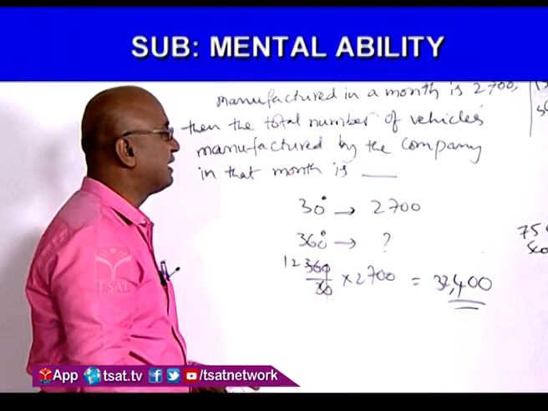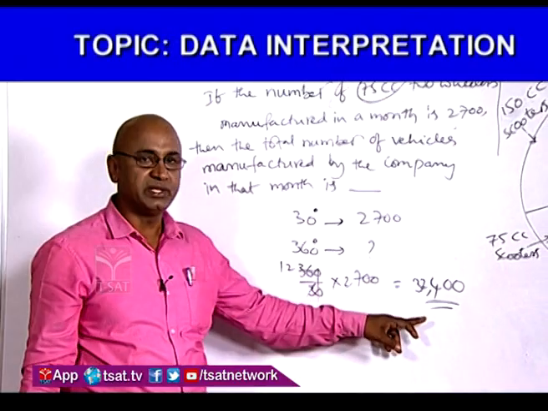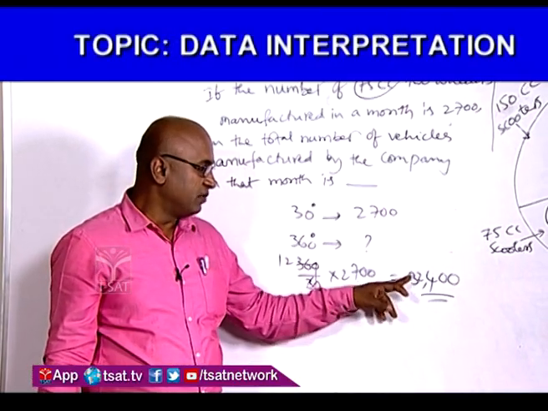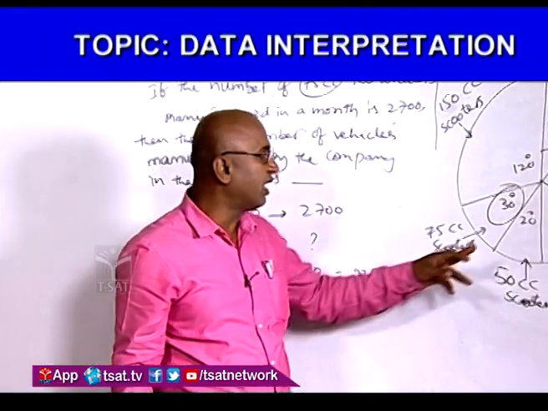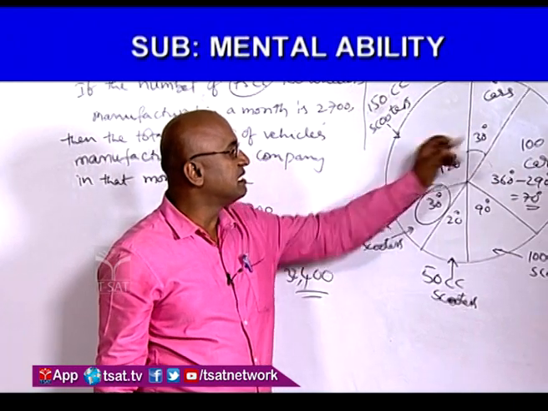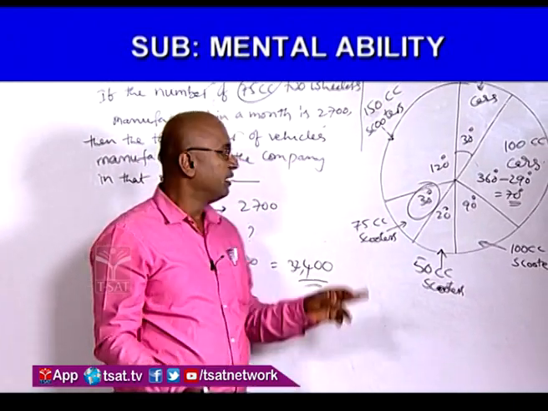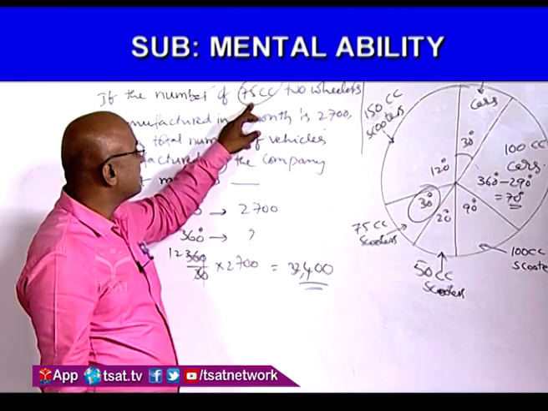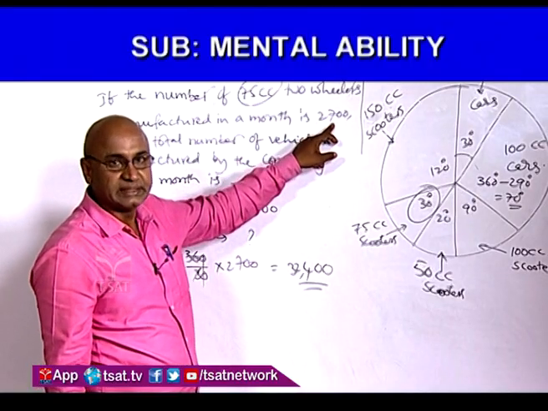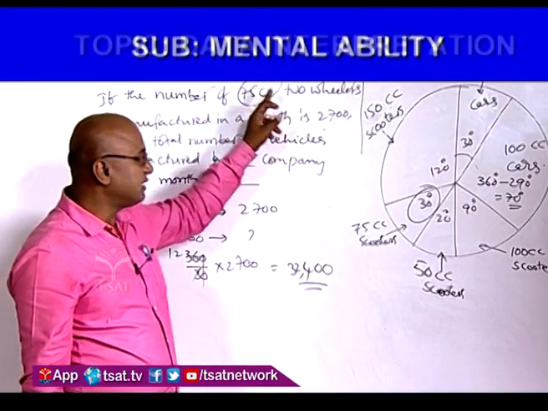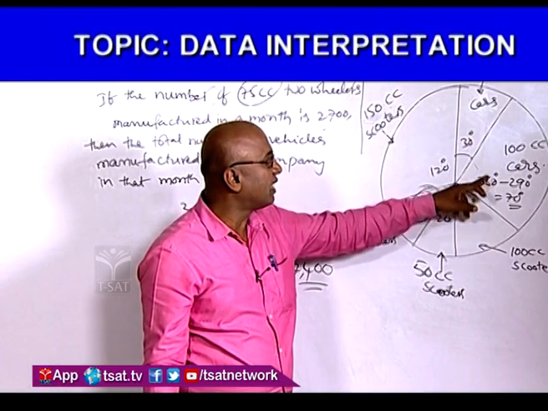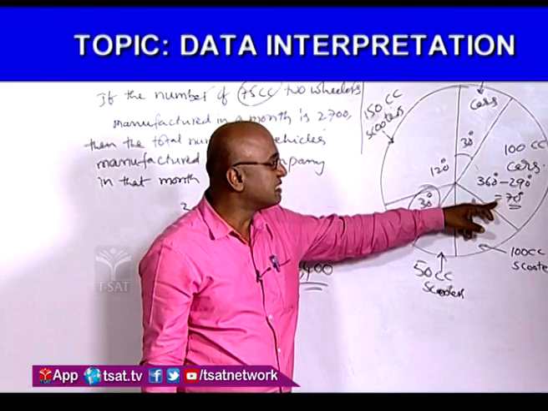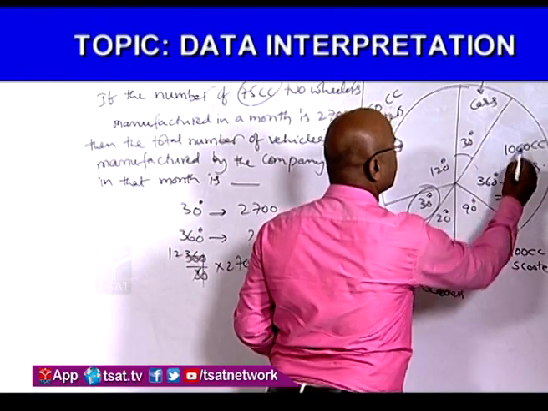The total number of vehicles produced in the month is 32,400. Similarly, the same question can also be extended like this. What is the difference between the 800cc cars and 1000cc cars? If the production of 75cc is 2,700 in a month, then what is the difference between the 800cc cars and 1000cc cars?